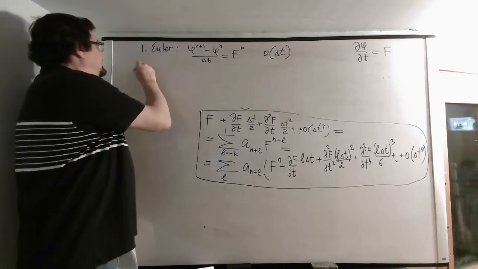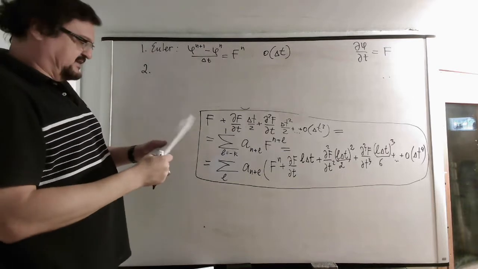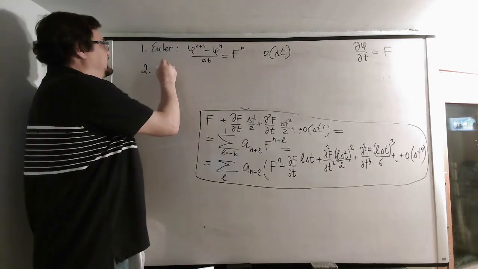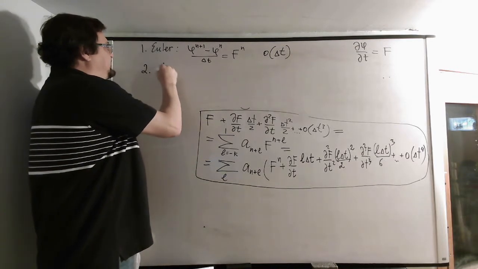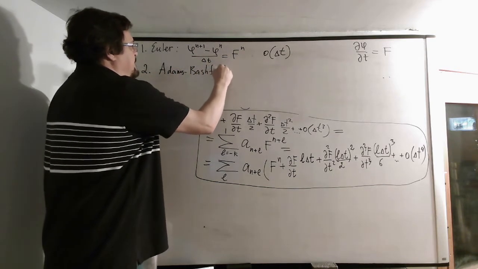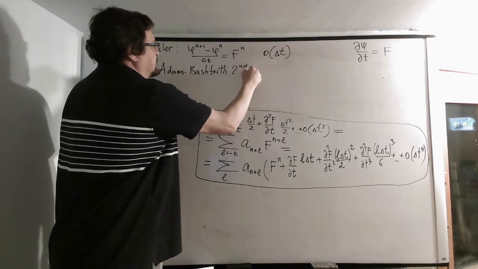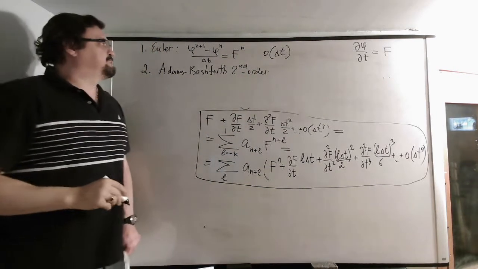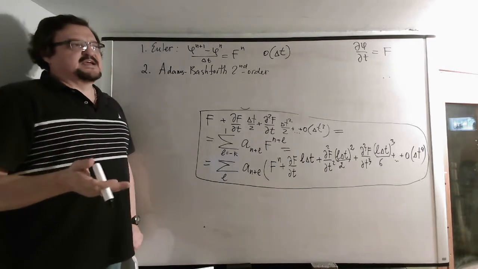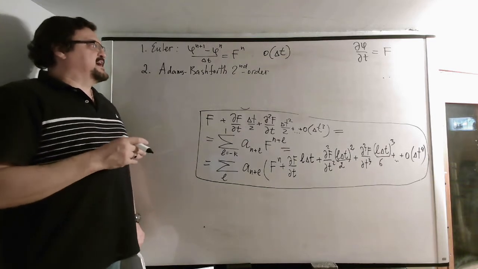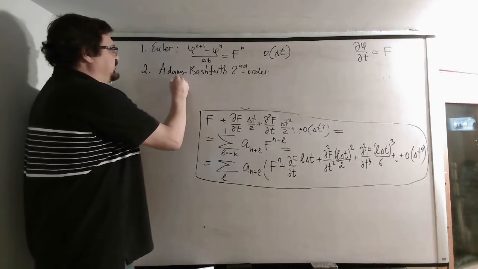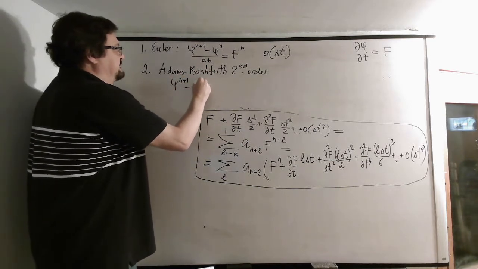So the second scheme, which is more useful. Let's try the following scheme, and it's called Adams-Bashforth second order. So this is the general Adams-Bashforth family, a general family of schemes that have very similar structure, just different right-hand sides. So this scheme would be phi n plus 1 minus phi n divided by delta t.